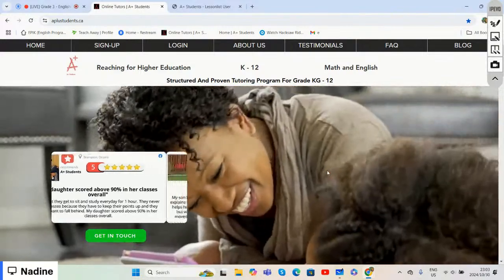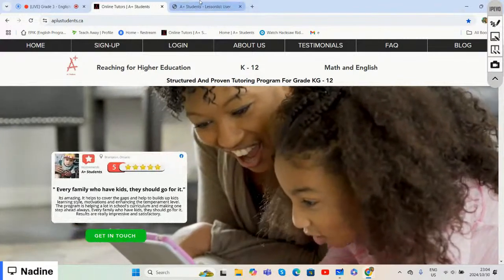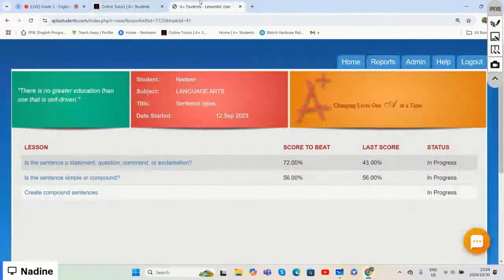We're doing grade 3. Then we're going to scroll down until we get to our chapter of sentence types.